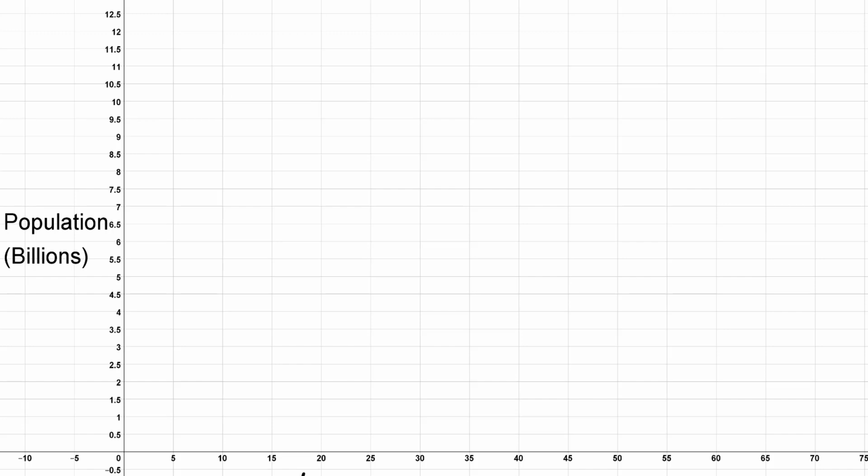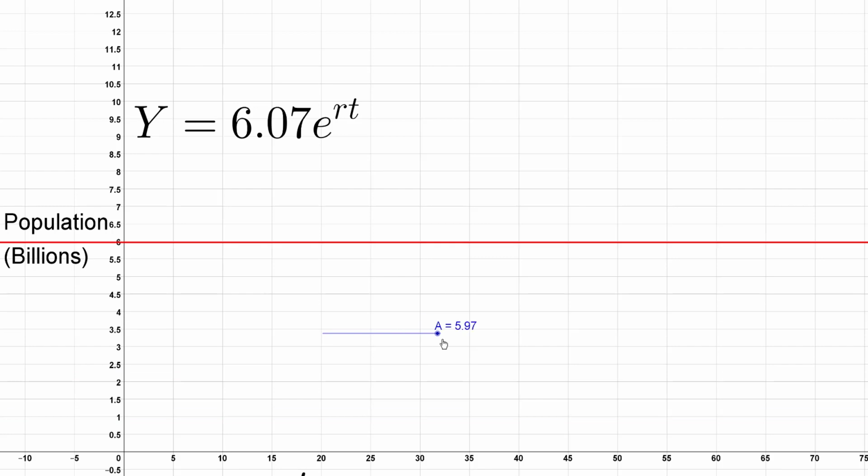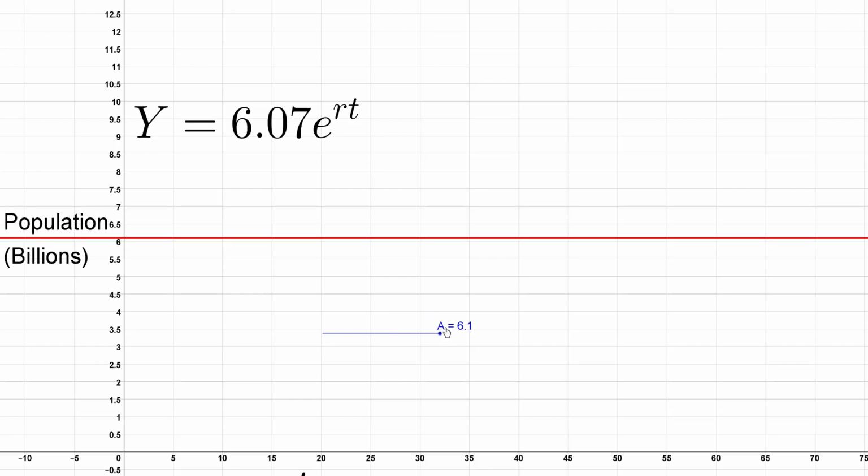So we know our initial value is 6.07, so we know the function y equals 6.07 e to the rt. Setting our a at 6.07 will look something like this. But we don't know what the growth rate is. We still have to figure that out.